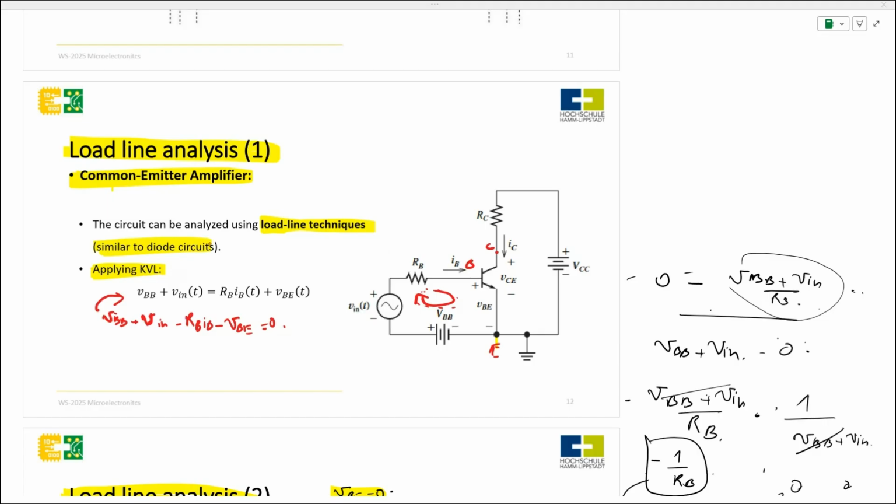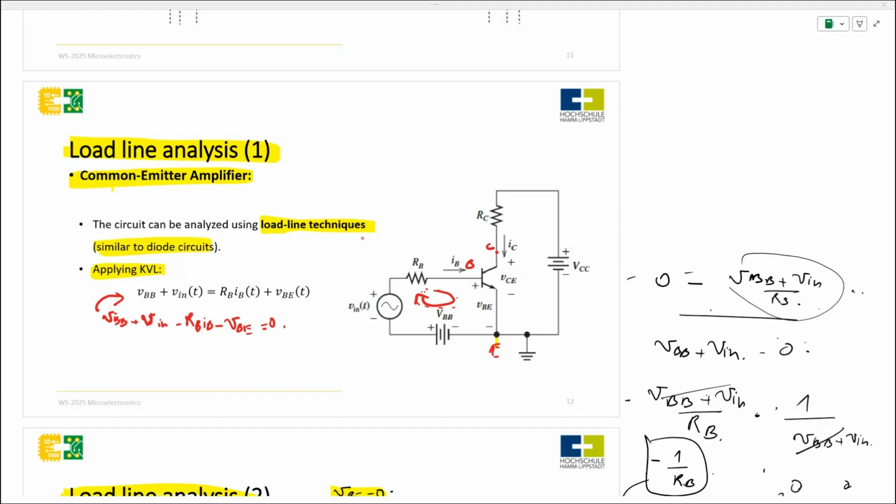So when the input voltage increases a little, our transistor conducts more, so our collector current increases, which means the voltage across the collector resistor increases. So the collector voltage, the voltage, not the current, decreases.